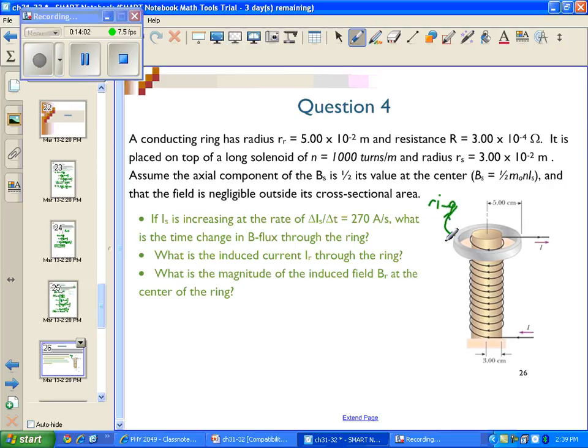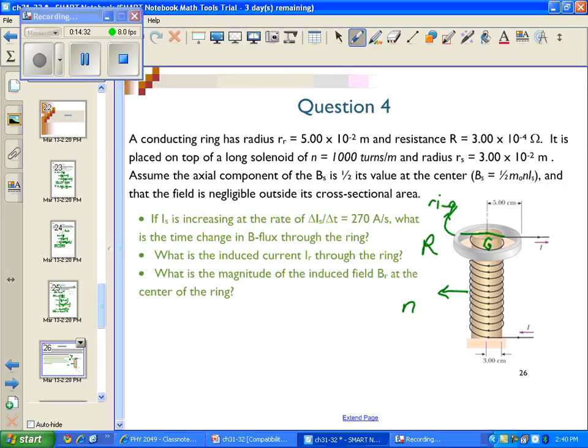It is placed on top of a long solenoid. The solenoid has N turns, the number of turns being 1,000 turns per meter, and it has a radius of 3 e to the minus 2 meters. So this is the radius of the solenoid.